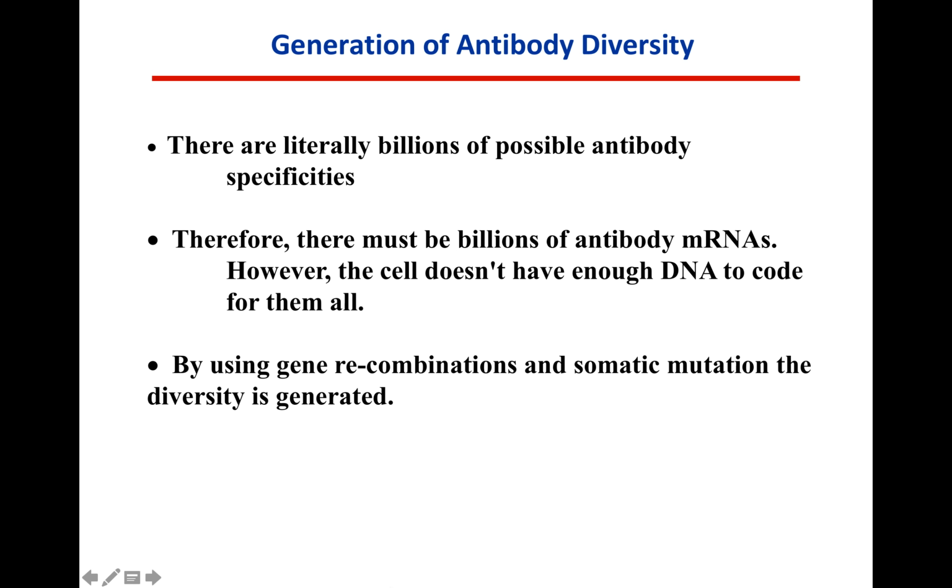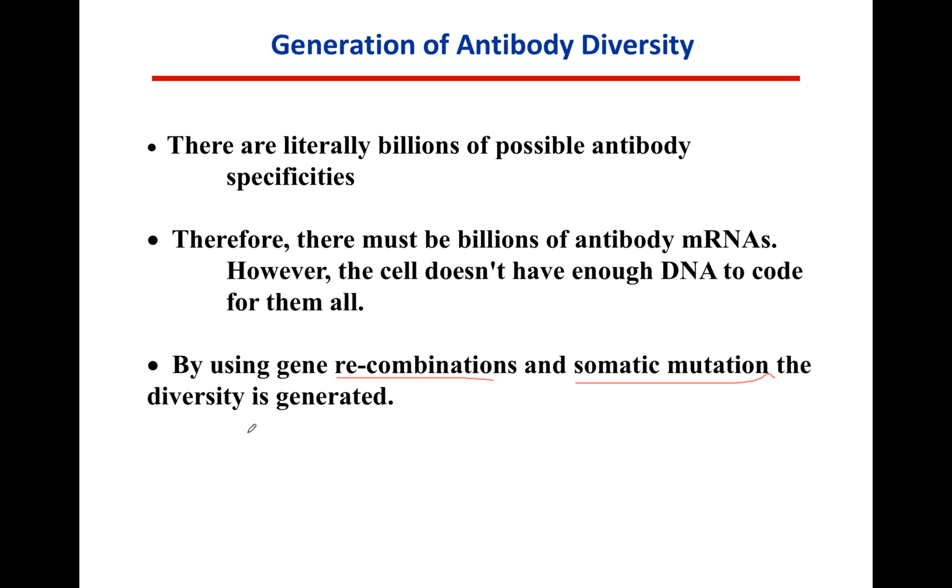The way it happens is to generate this level of different types of specific antibodies on the order of the scale is by the use of recombinations and somatic mutations. In the somatic mutation, which we've just seen, but also recombinations can enhance tremendously the diversity that is generated.